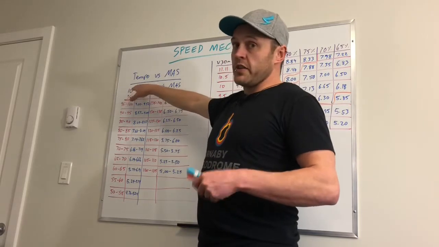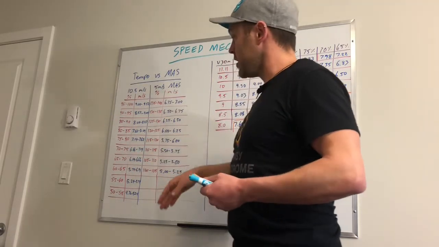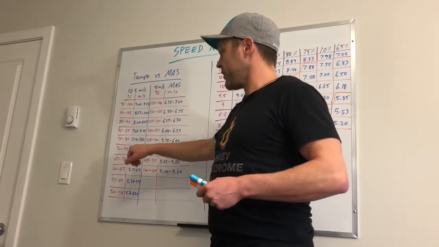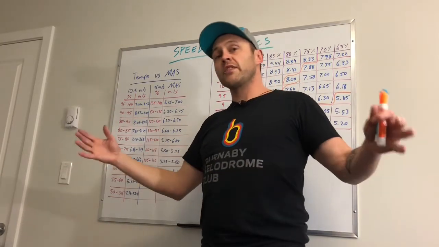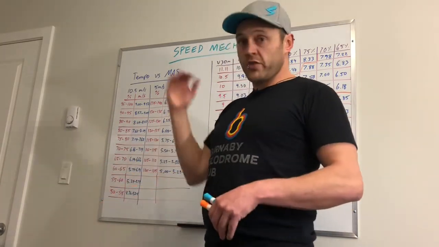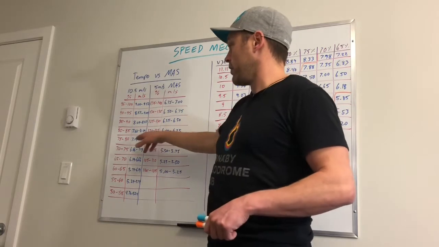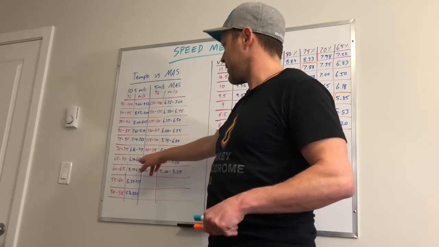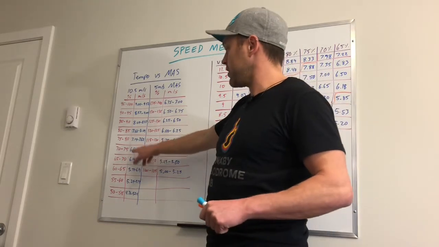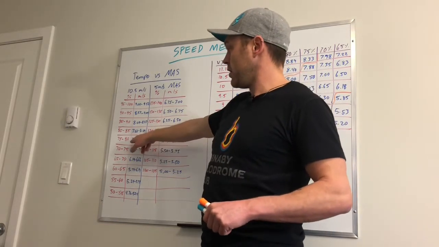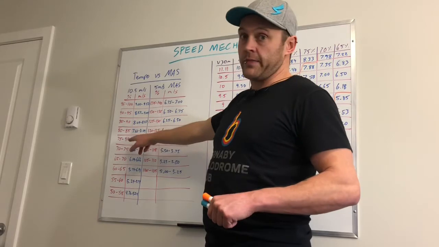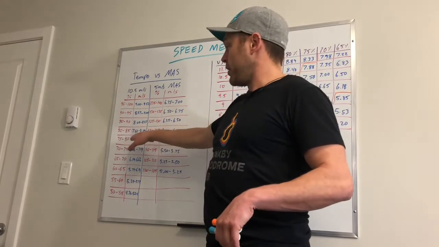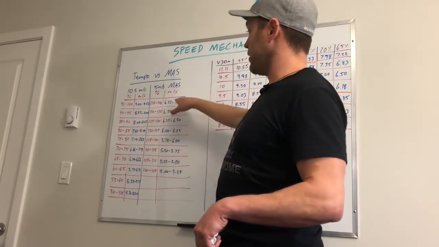Say they've got a top speed of 10.5 meters per second. Generally, a tempo run is going to be somewhere between 65 and 75% of your top speed. So 65% is 6.66 meters per second, up to 75%, which is 7.1 meters per second. So the top end is going to be 7.1 versus 7.0 meters per second.